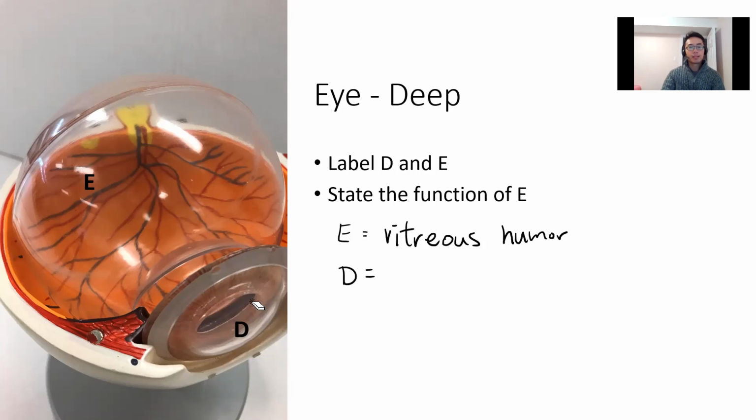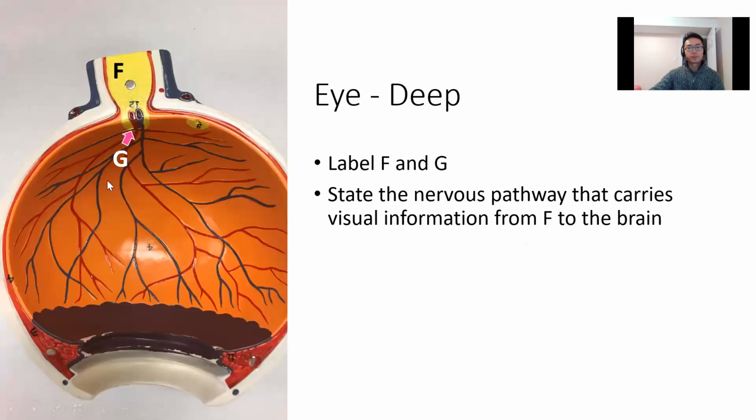D is the cornea. State a function of E, which is to reinforce the shape of the eyeball. F, that is the optic nerve.